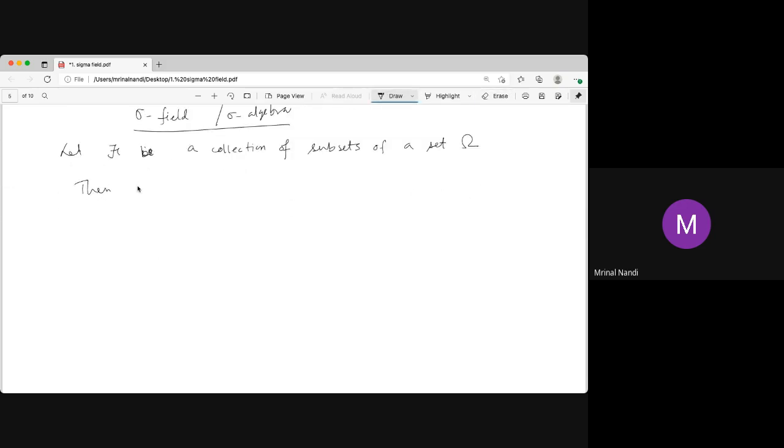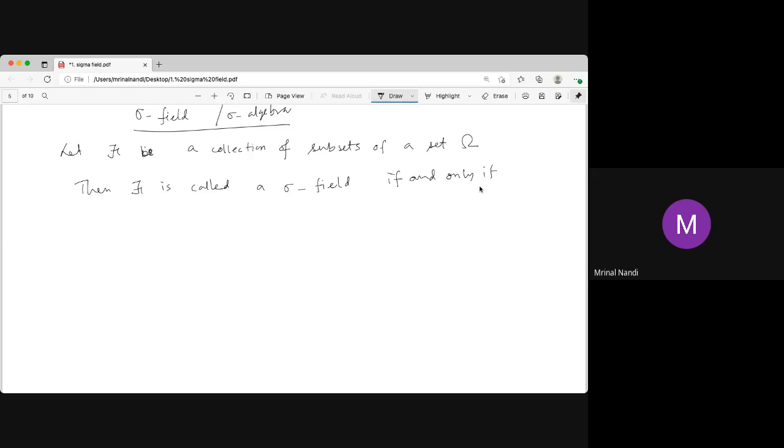Then the collection is called a sigma field or sigma algebra if and only if, the definition is always if and only if. If I write "if" in a theorem, it is not "if and only if". But in a definition, if I write "if", it means "if and only if".